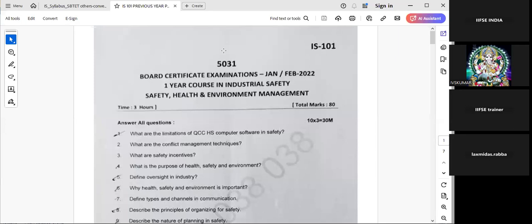Sir, one more regarding the hard copies. This is provided by management? Can we talk directly to the IIFSE team? You have to talk to the institute only. You're from that pipeline infrastructure company.